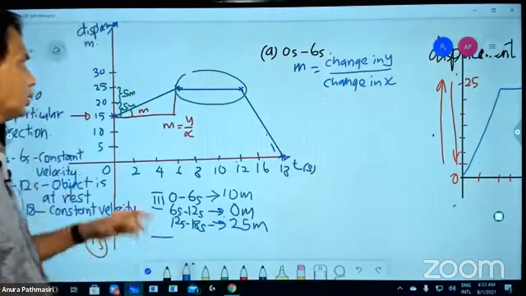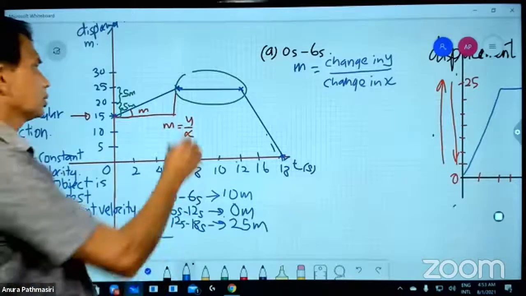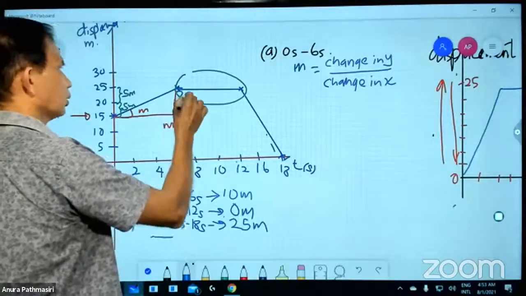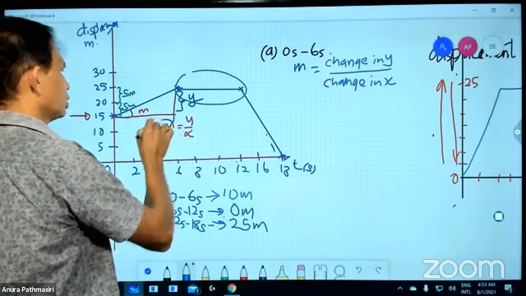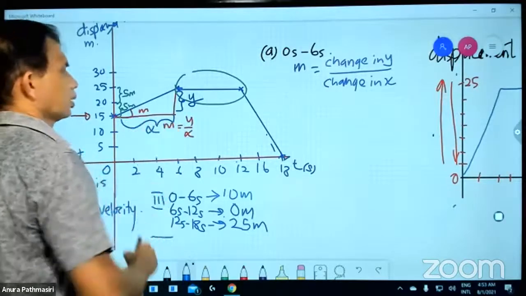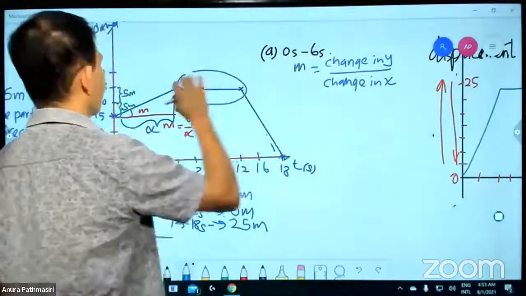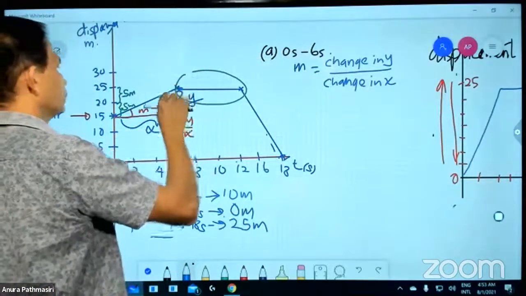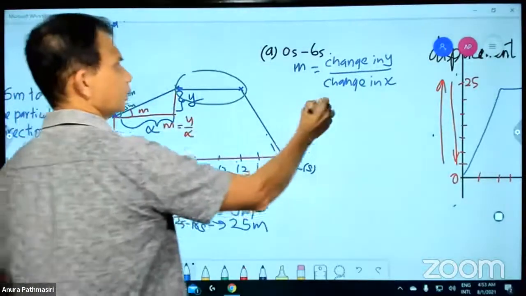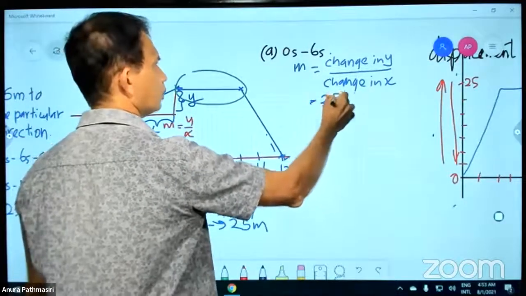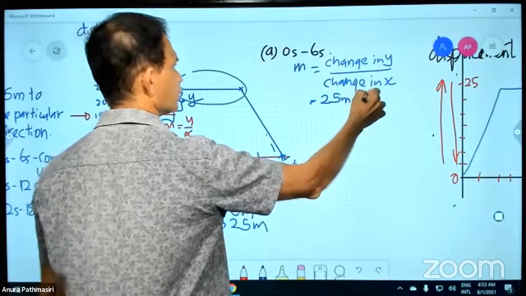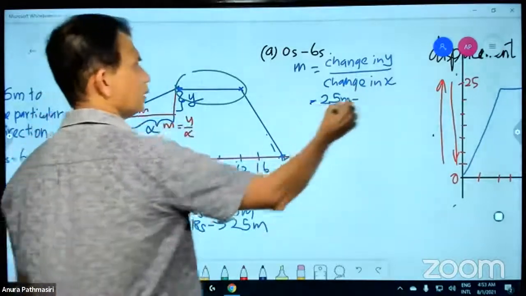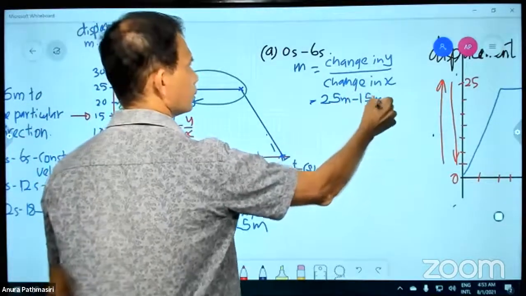Change in y is 25 meters minus 15 meters.